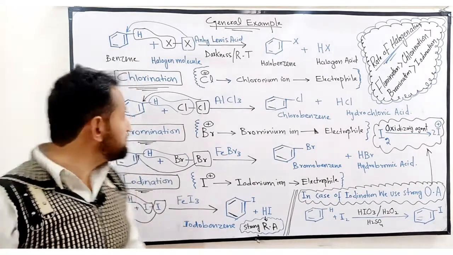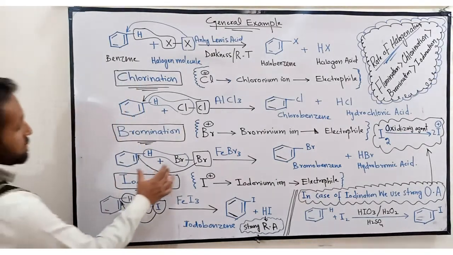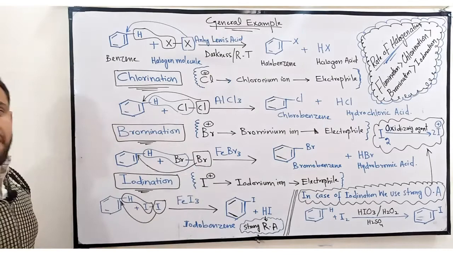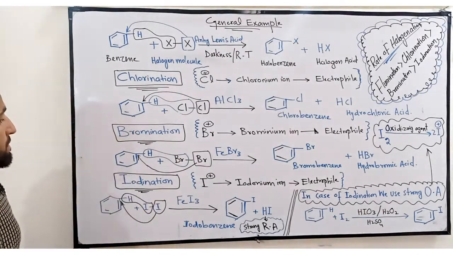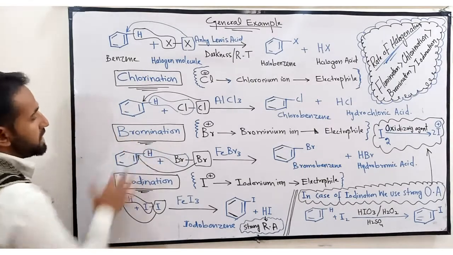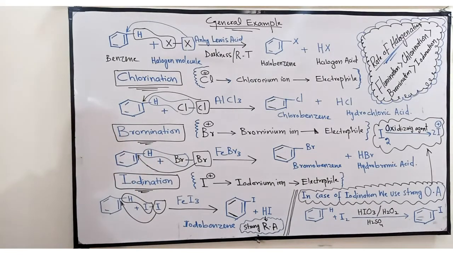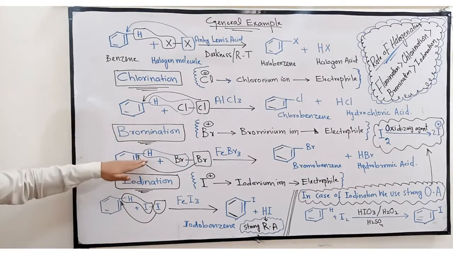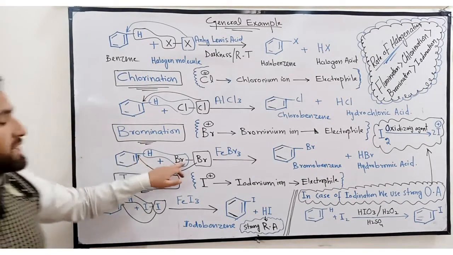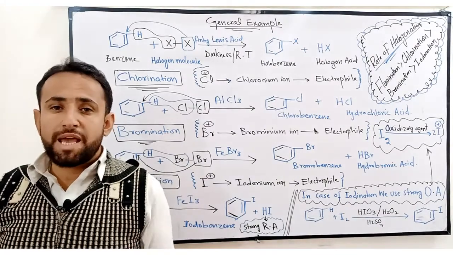Understand that? Now, if I use bromine, Br2, as a halogenating agent, what will be the process? The process will simply be bromination. Bromination is a process in which one of the hydrogen atoms is replaced by bromine.